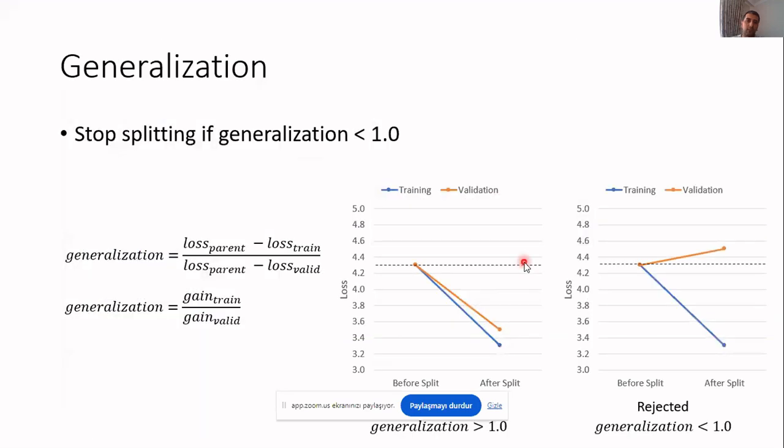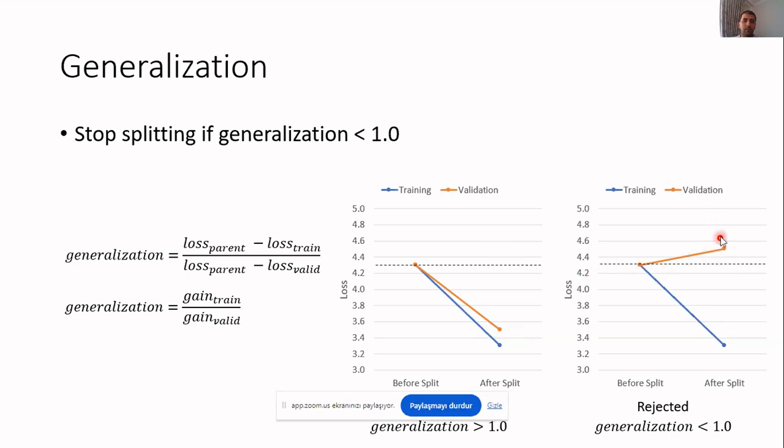So this is the generalization calculation. Basically, we calculate the loss before the split, and we again calculate the loss after the split, and we create separate validation data. We check if the loss decreases with the validation data.